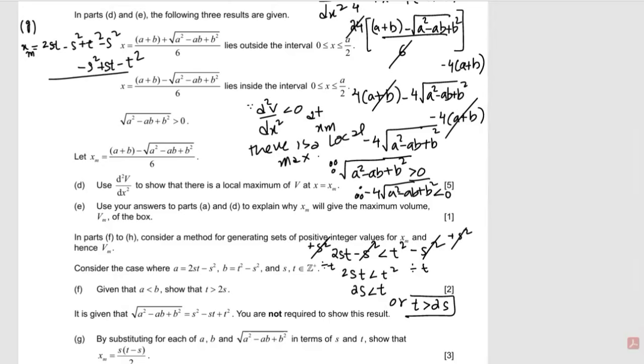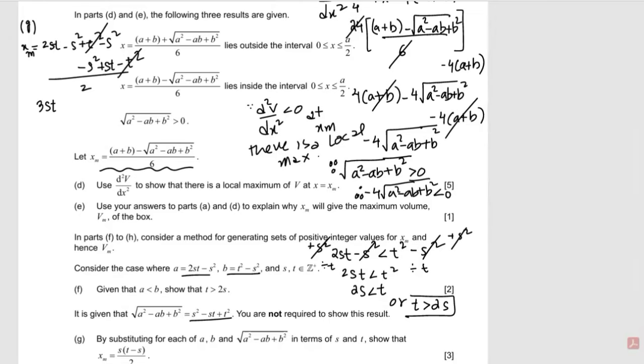If you find it confusing, I'm sorry about cramming my solution in a tiny corner, but you can just pause the video and try to substitute these values in this expression and see, you'll get the same thing. So let's get rid of these t squareds, and I'm getting 3st.